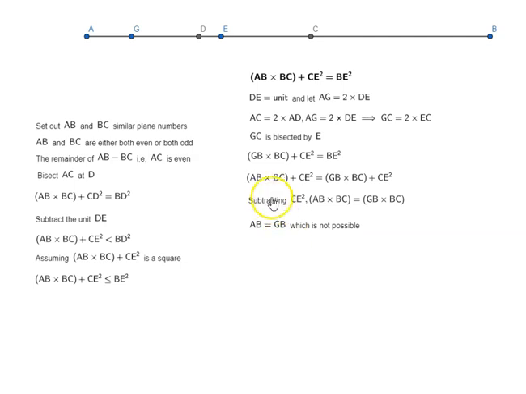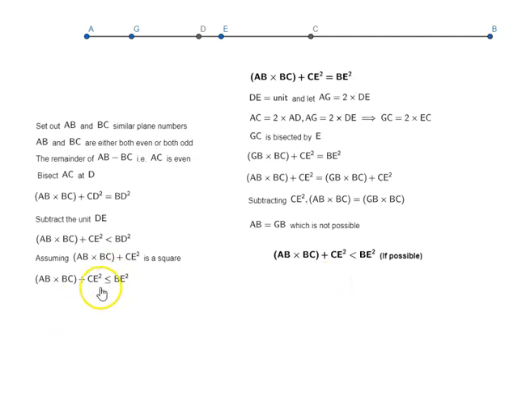We end up with AB is equal to GB, which is not possible. AB is not equal to GB. Why? Because remember, we subtracted 2 times AD from AB. So GB is smaller than AB. It can't be equal. So since it is not possible, that means AB by BC plus CE square equal to BE square is not possible.